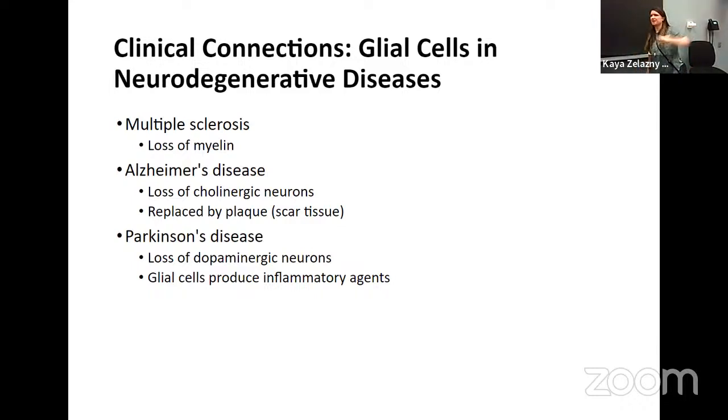Parkinson's disease is associated with inflammation coming from the glial cells. So they're inflaming and causing basically swelling. We're also losing neurons that produce dopamine in Parkinson's. And these are, of course, generalizations. Disease states have a lot of different possible causes and a lot of different things going into them. But these are three that are nervous system diseases.